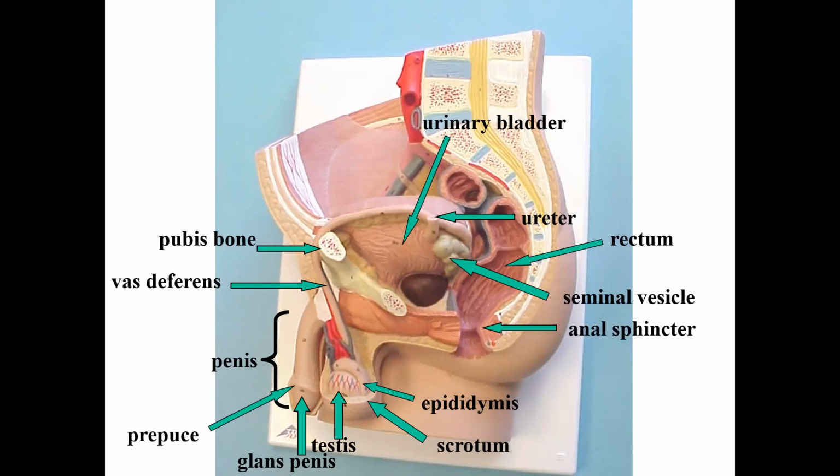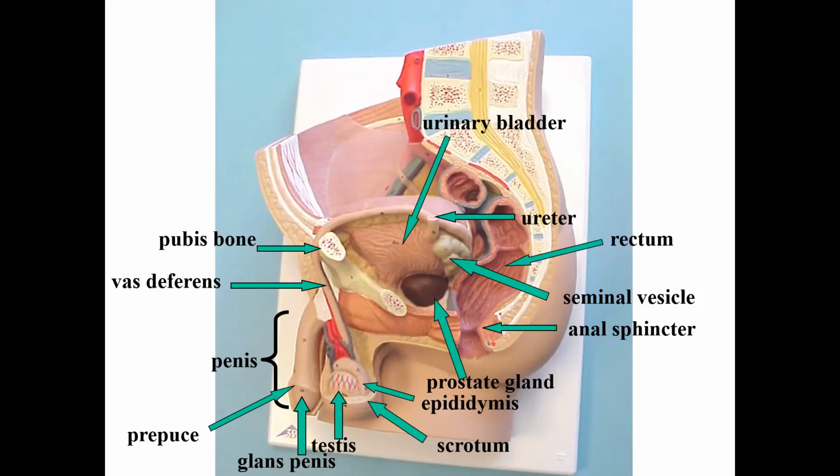Anal sphincter. And now there is the prostate gland right there. One of the advantages of having the rectum right behind the prostate gland is that for palpating the prostate, it's very easy for a healthcare provider to do a digital examination of the prostate.